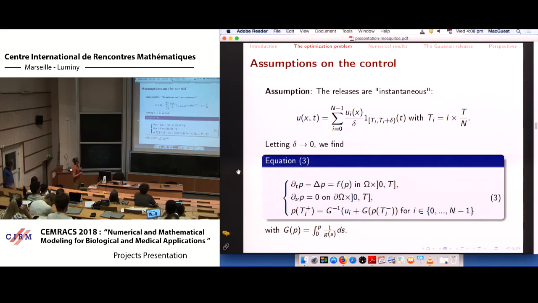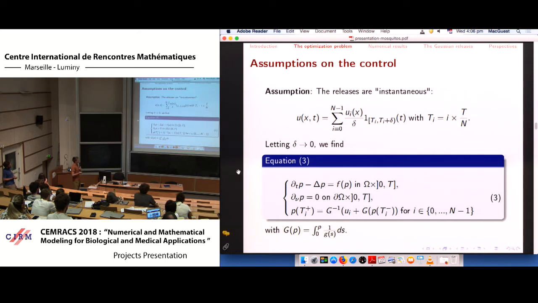And when we let delta go to 0, we find this equation. So there is the equation that we have already seen, ∂t p minus Laplacian of p equal F(p). And here is the control. So there is a jump at a given time.